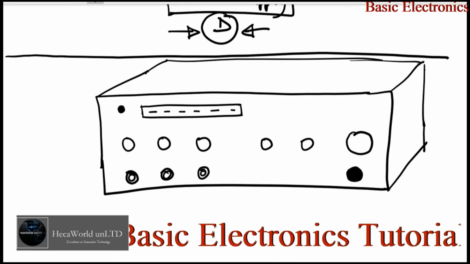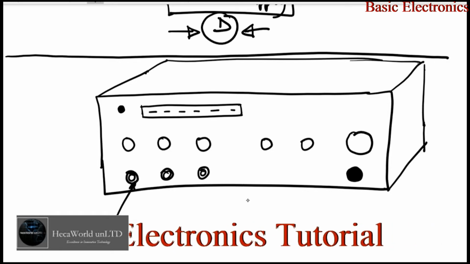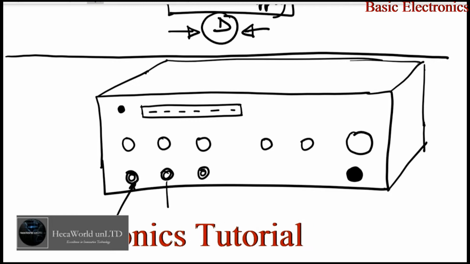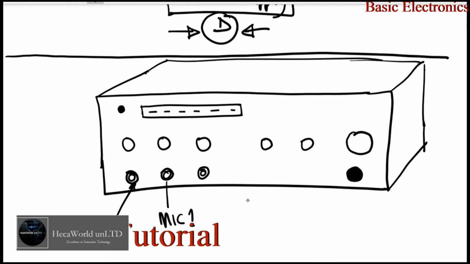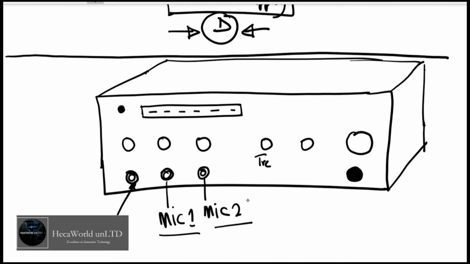Here you have auxiliary input, and then here you have microphone input. Mic 1 and mic 2 and aux, and this will be your treble, and then this will be your bass, and then this will be master volume, and then this button here is your on off.